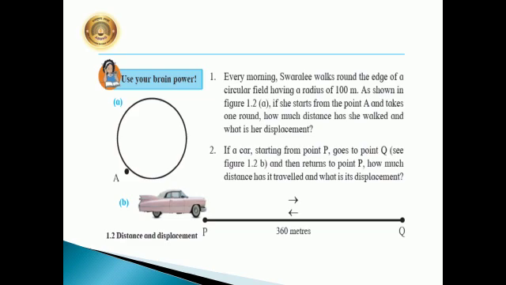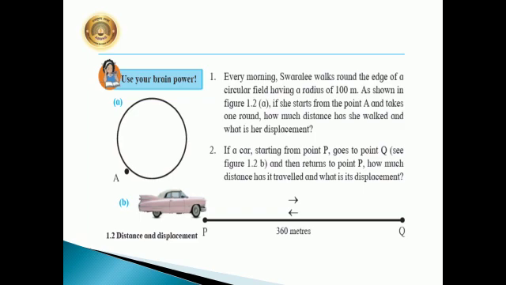Now let us see the next example. Every morning Swarali walks around the edge of a circular field having a radius of 100 meters. As shown in the figure, if she starts from point A and takes one round, how much distance has she walked and what is her displacement? See, she is moving from point A in a circular motion.